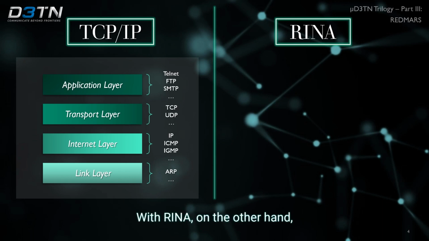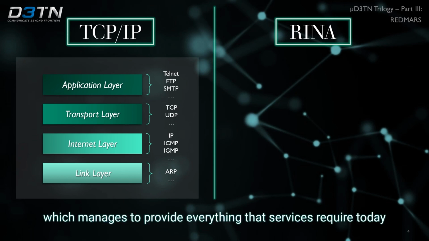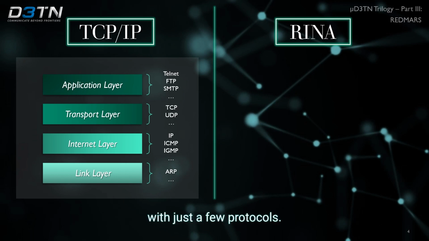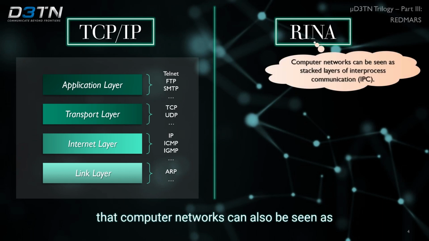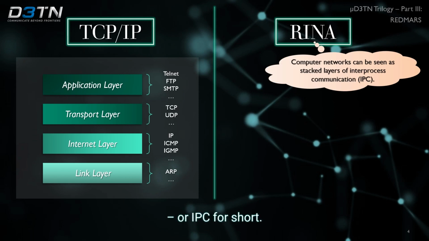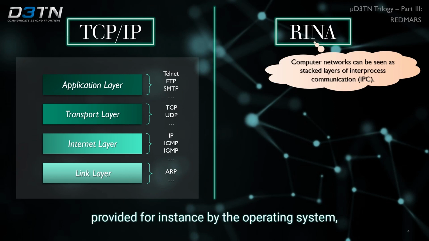With RINA, on the other hand, the scientists and engineers promoting it want to return to a recursive structure, which manages to provide everything that services require today with just a few protocols. The main idea of RINA is based on the assumption that computer networks can also be seen as stacked layers of inter-process communication, or IPC for short. IPC refers to the mechanisms, provided for instance by the operating system, that allow processes to exchange data.